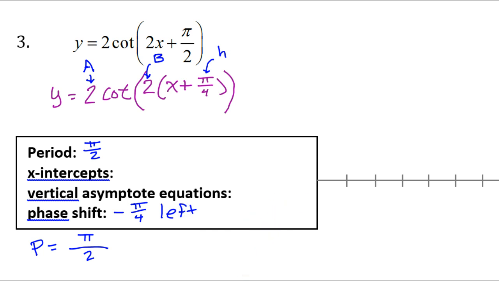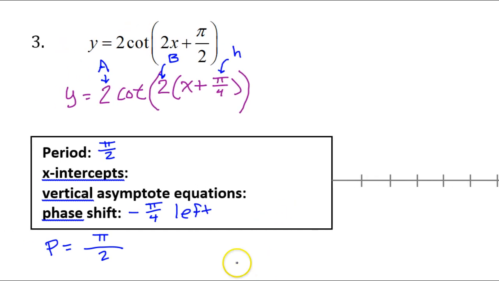Okay, so when we graph cotangent or tangent, we start right in the middle. Now remember that cotangent is the reciprocal of tangent. I feel like I should write that down somewhere. Cotangent is 1 over the tangent.